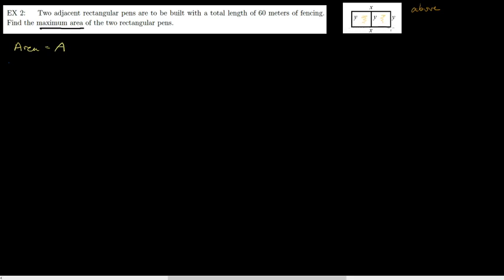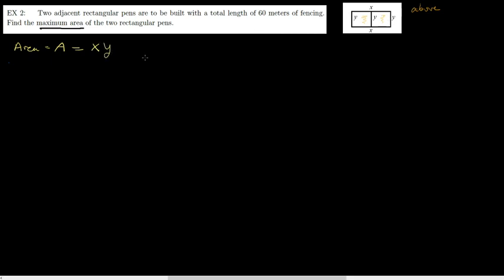Even though there's two rectangles, we want the maximum area of both of them. We want the total area. So the total area is just the length of this big rectangle here. The length is x, and the width is y.